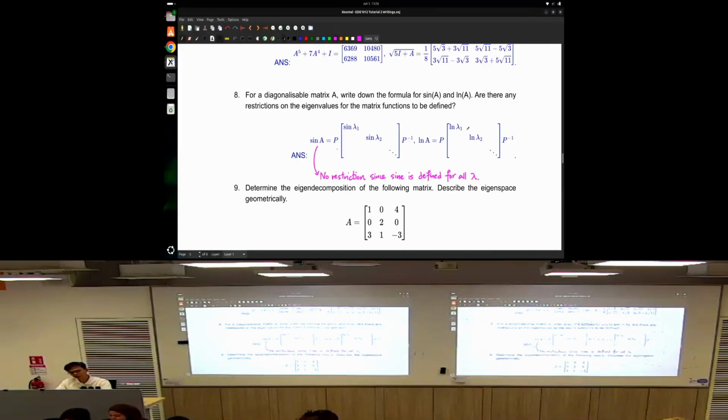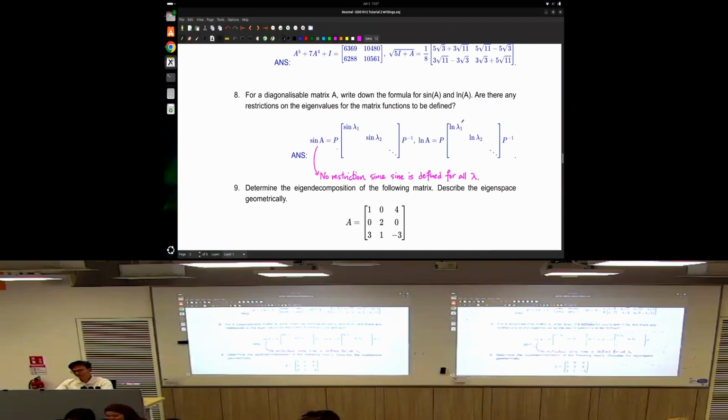But for ln, there will be a restriction, because you want to take the ln of the individual eigenvalues. In order for the ln of A to be defined, the ln of the eigenvalues must be defined. And ln is only defined for positive values.